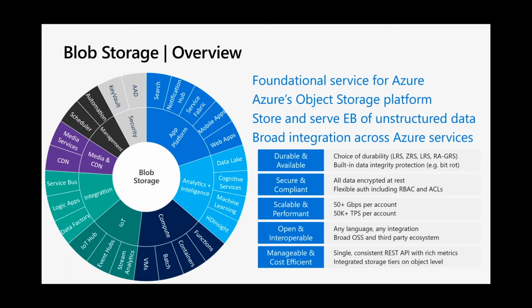And Blob Storage has all the capabilities here to be able to replicate your data, to get your data secured and compliant, make it available, scalable, like you do not have limits when you're trying to use the data to ADLS Gen 2. It's open format, third-party integration is available, and you have REST APIs.